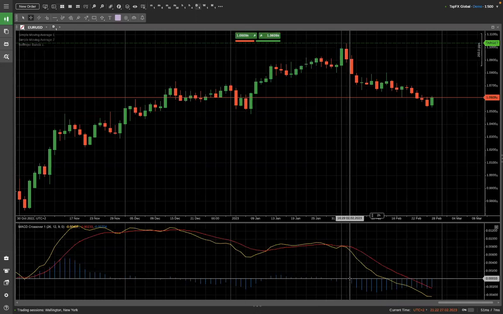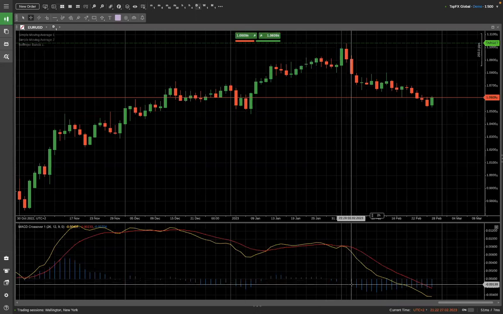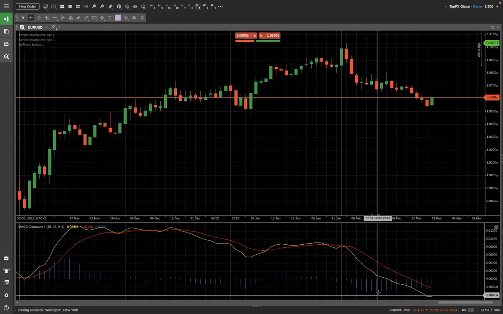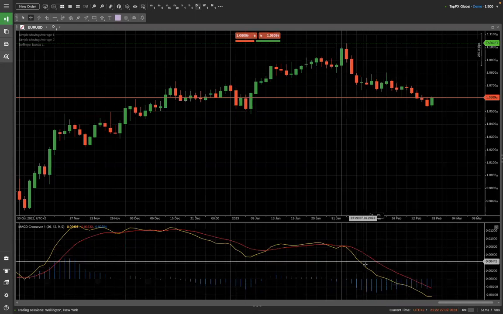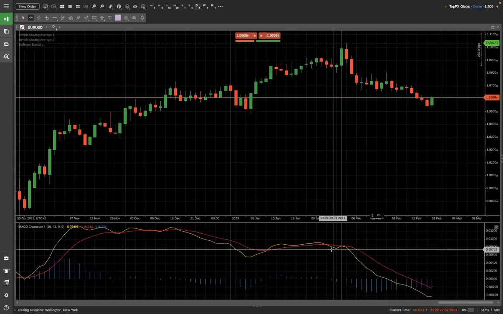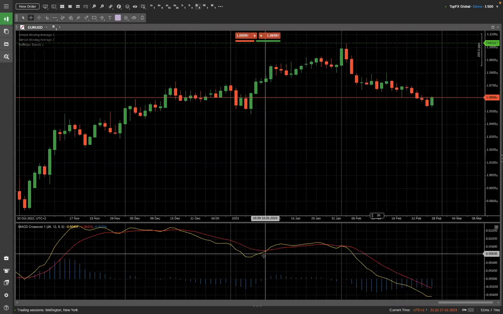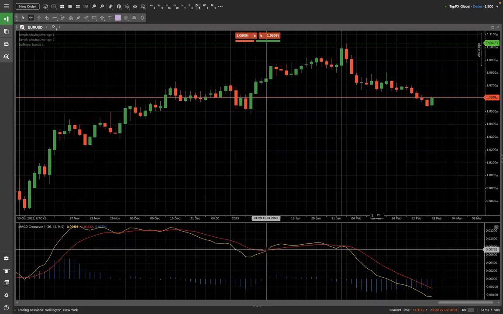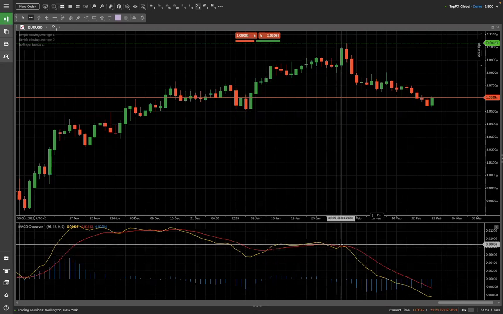Now when it goes lower, there is a bigger distance, a steady big distance between both of the exponential moving averages. So what we are looking for in this indicator is the cross, the cross of the shorter period moving average to the longer period moving average. Very helpful indicator for forex traders.